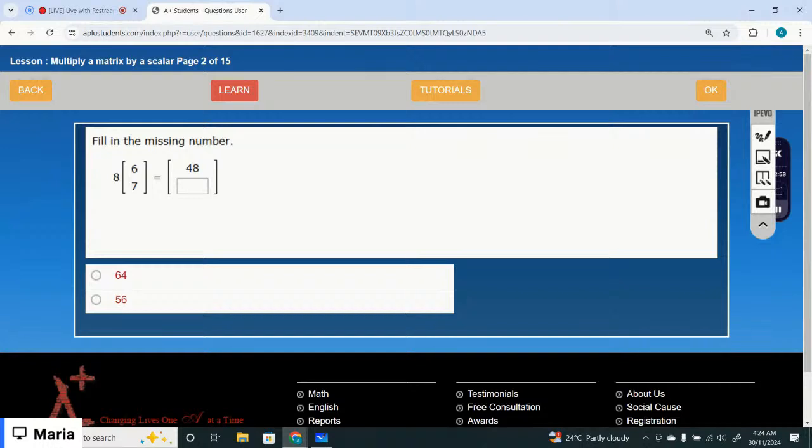Fill in the missing number. So which number is missing? 8 times 7 is 56. The missing element is 56.